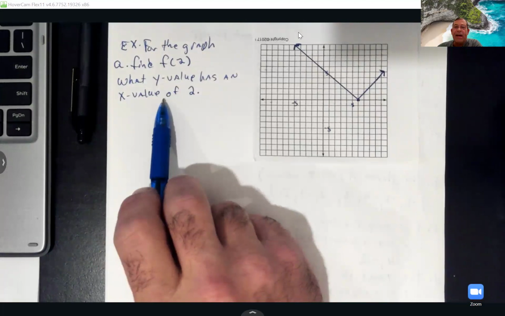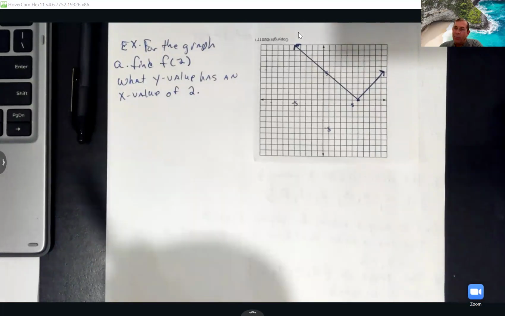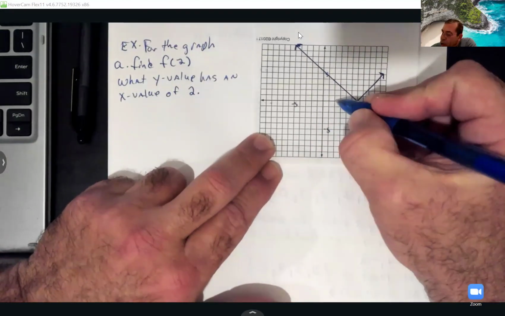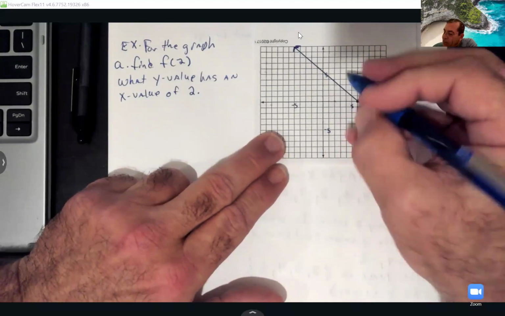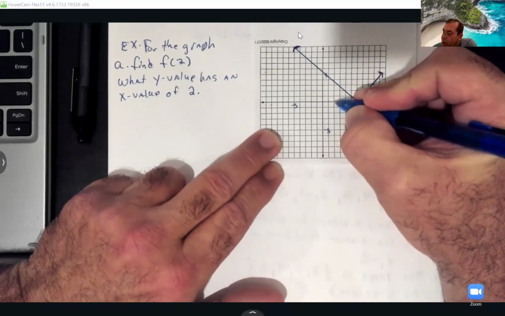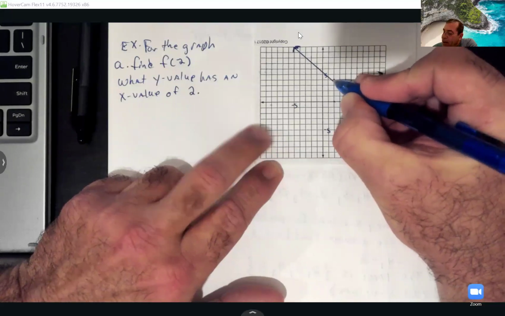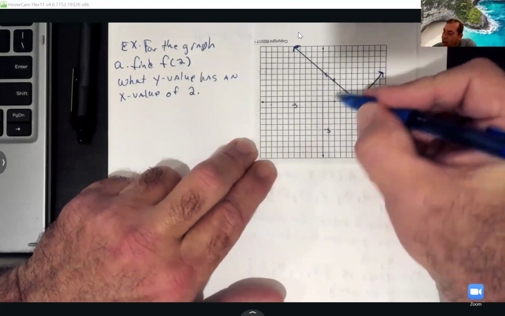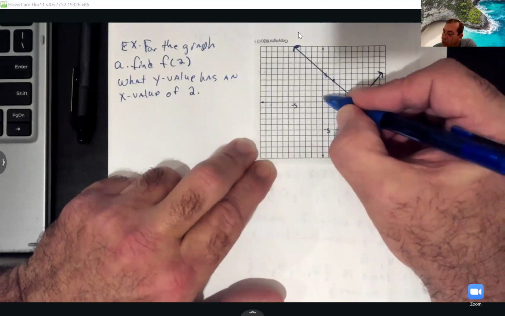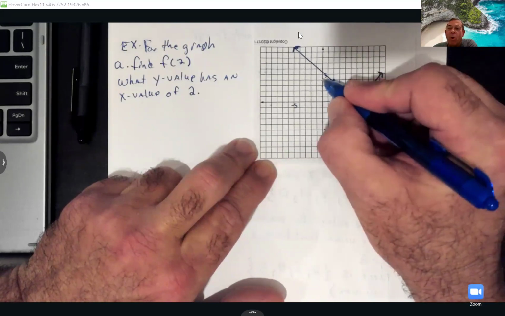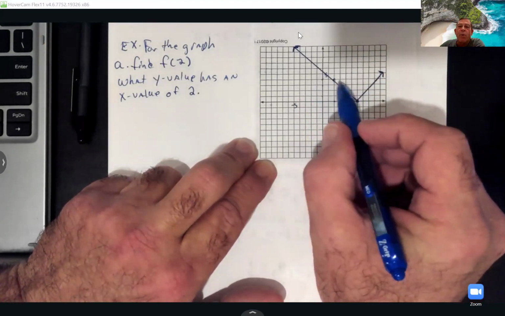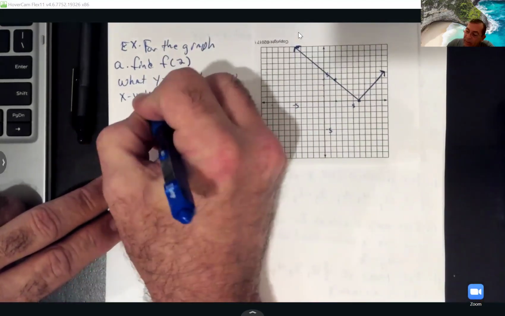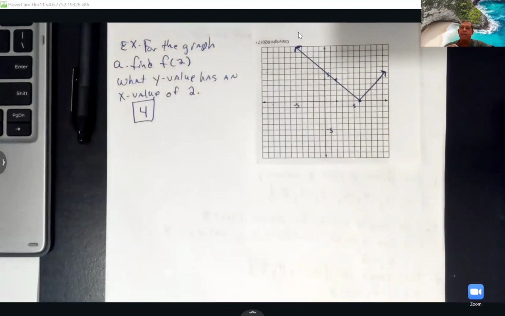So we need to find 2 on the x-axis and go up and see what the y value is, okay? So here's 0, 1, 2 is right here. So I'm at x equals 2, so I'm going up my graph, and I need to know what that point is right there on the y value. All right, y'all, so here we go. Looks like we're at what? 1, 2, 3, 4. So that point is 4 high on the y-axis. So that answer will be 4.